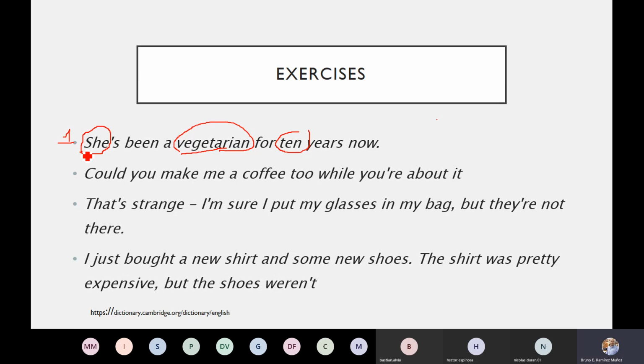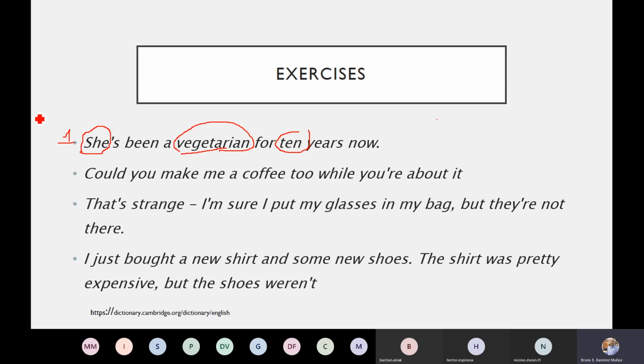She's been a vegetarian for 10 years now, not me, she. If we are emphasizing that it is this person, this woman, we emphasize the first element, she. Otherwise, the strong form is not going to be used for a pronoun.